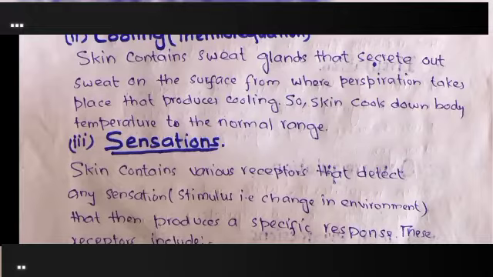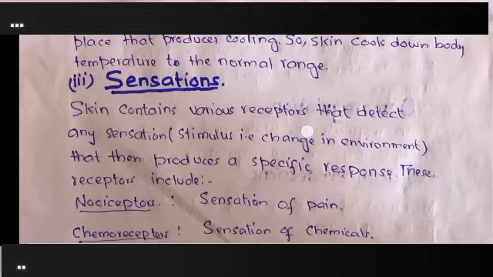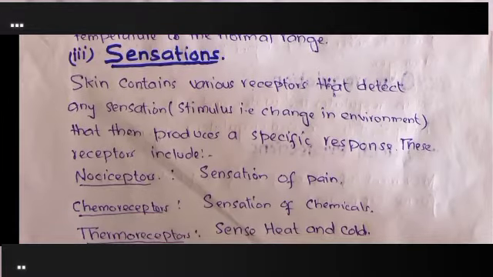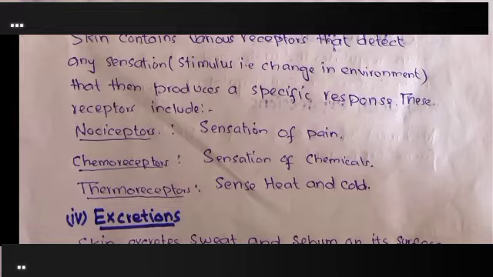So skin contains receptors, and that's why any change in the environment is also detected by skin. It contains nociceptors that sense pain, it also contains chemoreceptors that sense chemicals, and thermoreceptors that sense heat and cold.